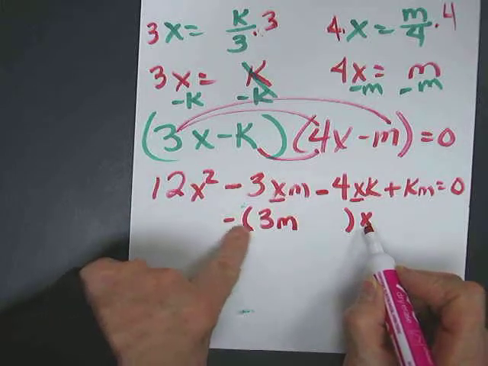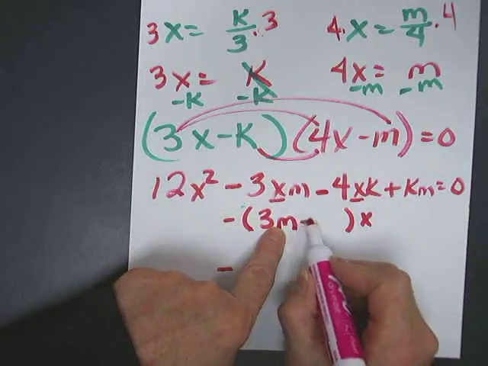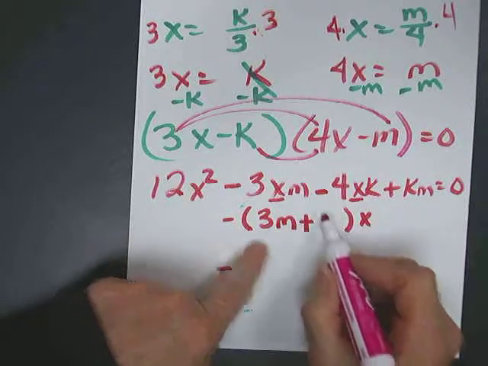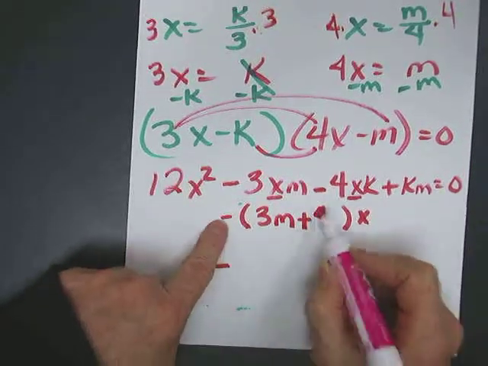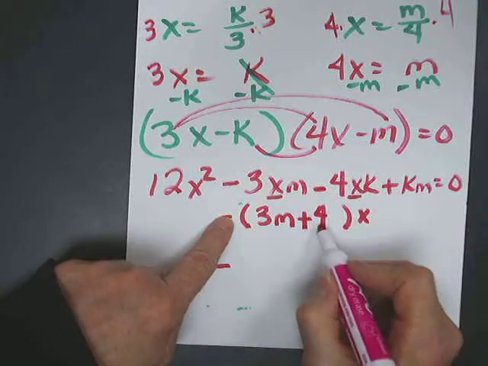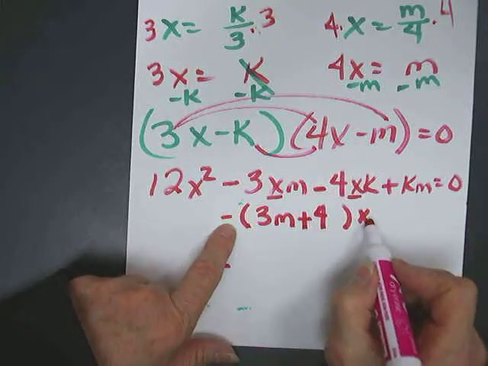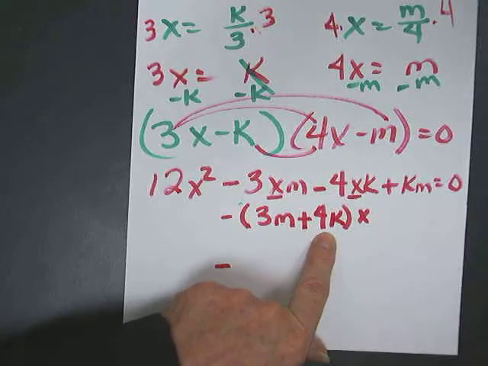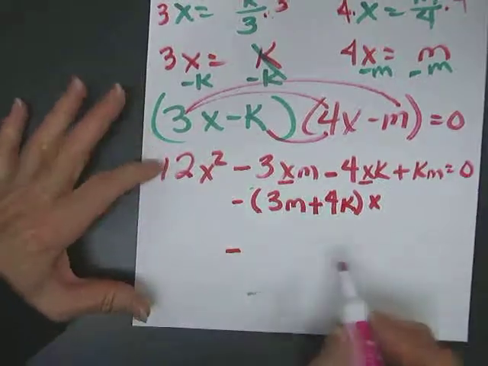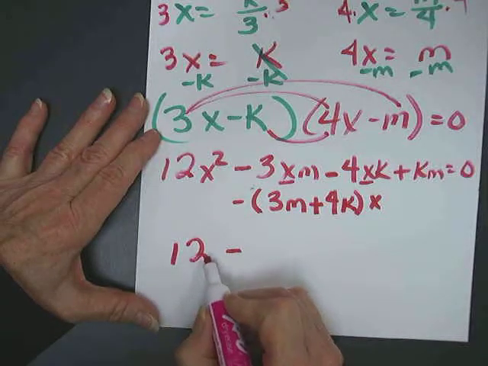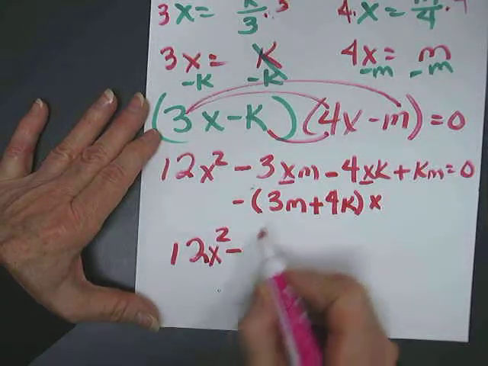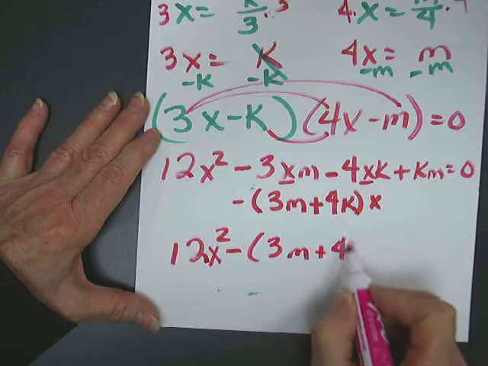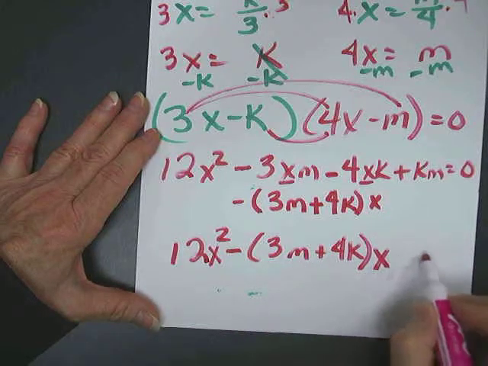Okay, so these we could factor the x out. If we factored the x out, let's put the minus here so that that could be a positive. This will be a 3 and an m, right? Don't we need an m? Yes. See, that gives us negative 3xm.